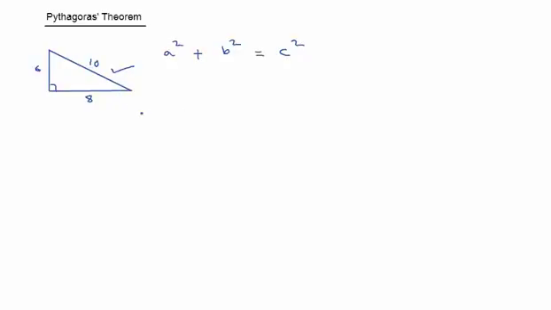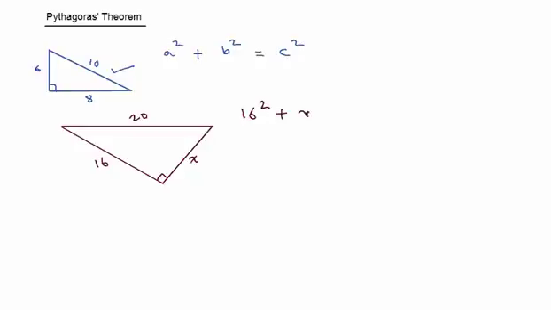Let's look at a problem then. So here's a right angle triangle where the hypotenuse is 20 units long. One of the other two sides is 16 units long, and we need to find the length of the other side, the third side. So let's say this length is x. Now applying the Pythagoras theorem, we have 16 square plus x square is equal to 20 square, right? 16 square is 256, plus x square, is 20 square, which is 400.